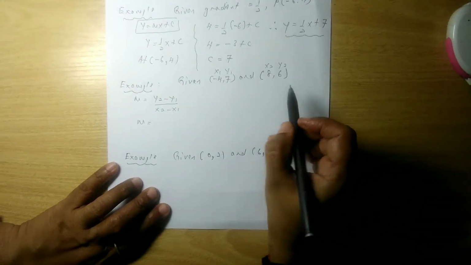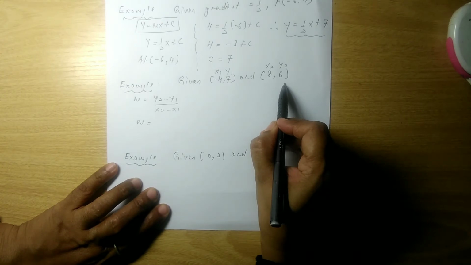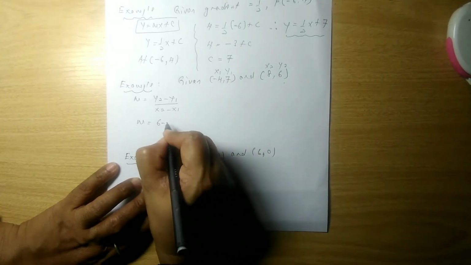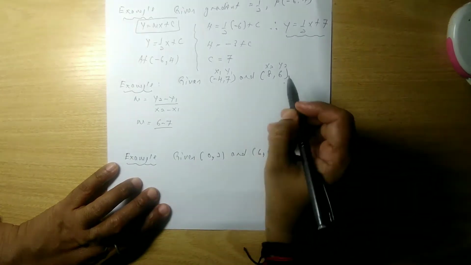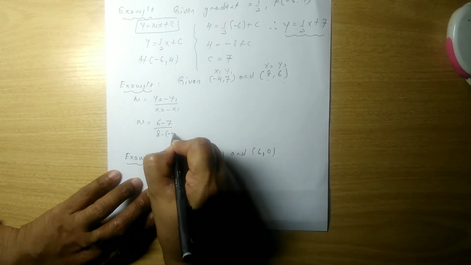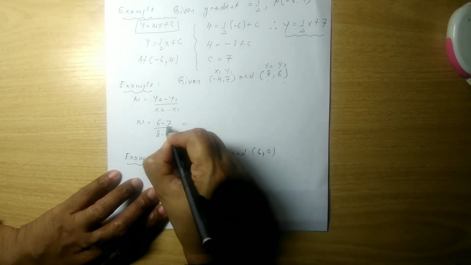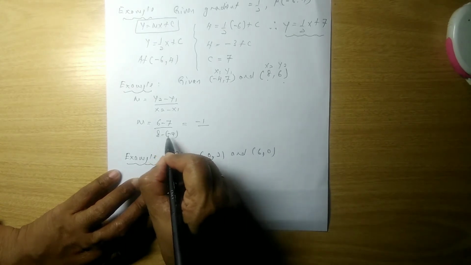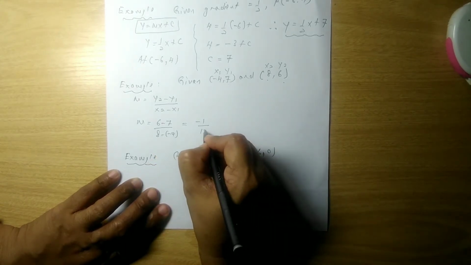I will take 6 as my y2. This is my y1. So 6 minus 7 over 8 minus negative 4. So what we'll get is negative 1 over, here 8 minus minus, so we get plus. 8 plus 4, we get 12.